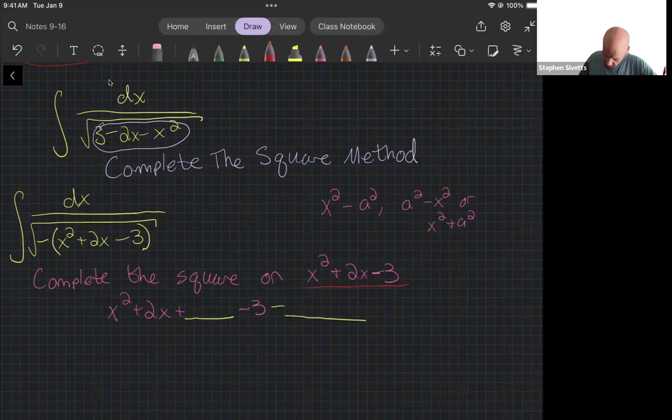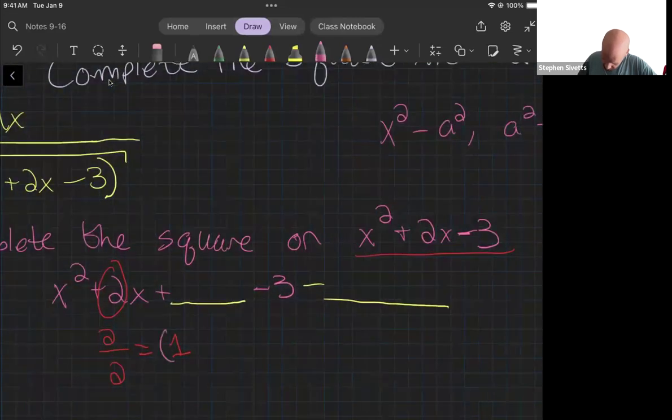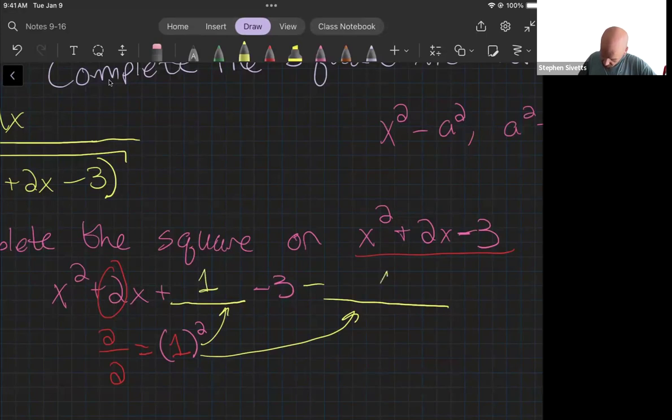To complete the square, we look at the coefficient on the x term, which is 2. Divide that number by 2, that gives us 1. Finally, when we square that number, that would be the number that goes into these yellow spaces here. In this case, 1 squared would be 1. So we add 1 and we subtract 1 here too.